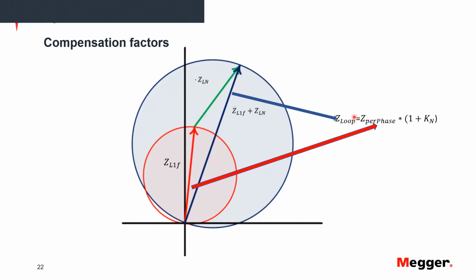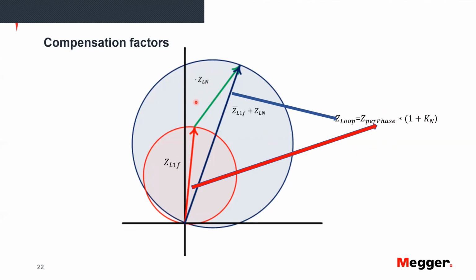Now, the loop impedance is the per phase impedance, which is this one here, times 1 plus the compensation factor. What this multiplication does is make the addition of this impedance plus the neutral impedance. Since we don't know how much impedance is there in the neutral, but we do know the compensation factor for that line, it's easier to do it this way than to try and do it with an actual addition.